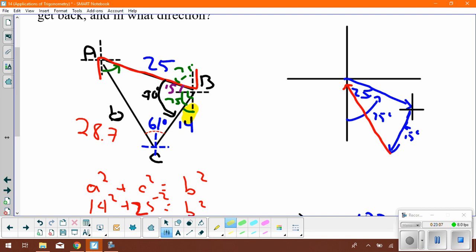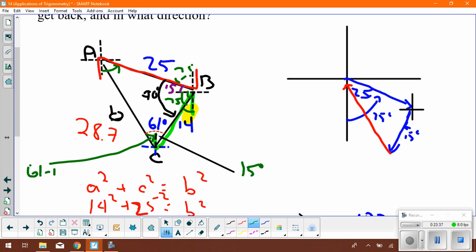Using the Z pattern again, the little angle in there is also 15. And I apologize for this very messy diagram. So the leftover bit, which is what I want, this one over here, is 61 minus 15, which is 46 degrees, heading from north towards west.